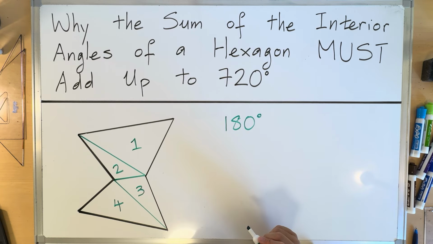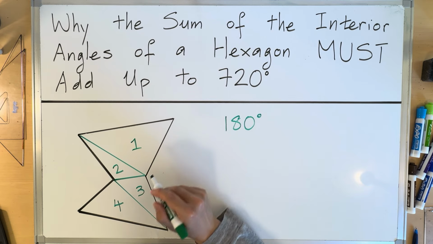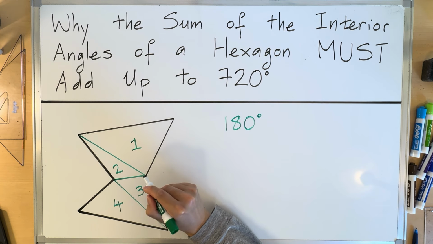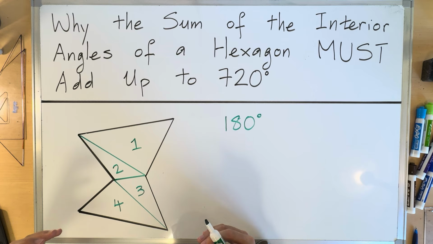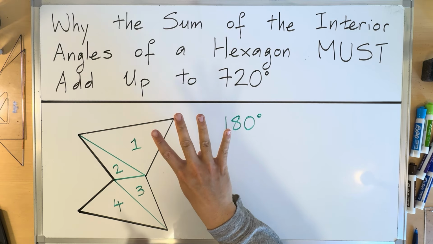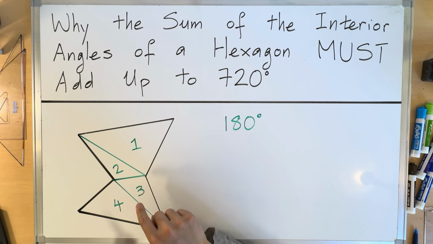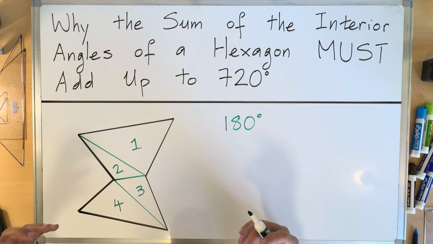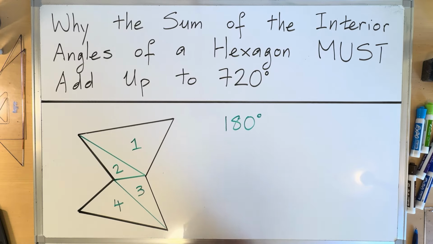And if you take a look carefully, the interior angles of all 4 triangles that are inside of this concave irregular hexagon, together, they actually make up the interior angles of this hexagon.